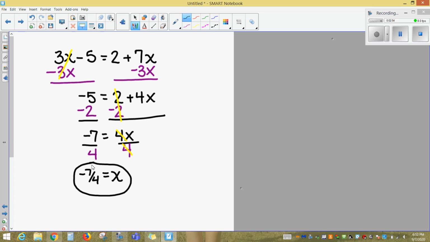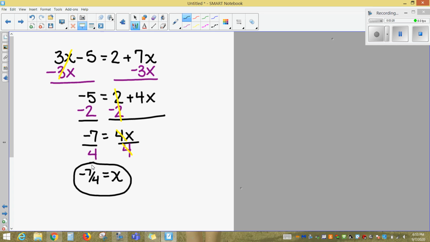If you don't like improper fractions, you could write that as 1 3/4. But please don't call it negative 1.75. If you write it as a decimal on your homework, quiz or test, I will take off a point, not because the value is not equal to what x is, but because you didn't follow the directions. So my verbal directions are always leave it in fraction form.